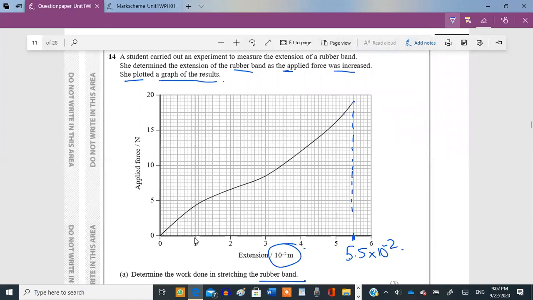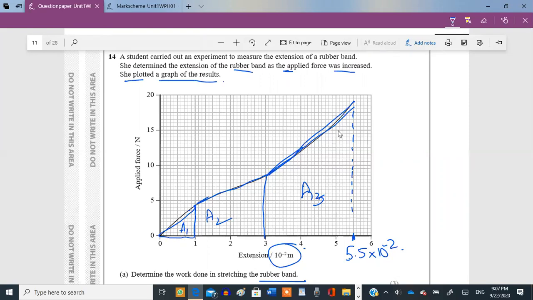For instance, you break this into a first triangle, then this trapezium, and then you got this third trapezium. Okay, let this be A1, this be A2, this be A3, and calculate the areas of each one of them independently and get the work done in stretching this rubber band.